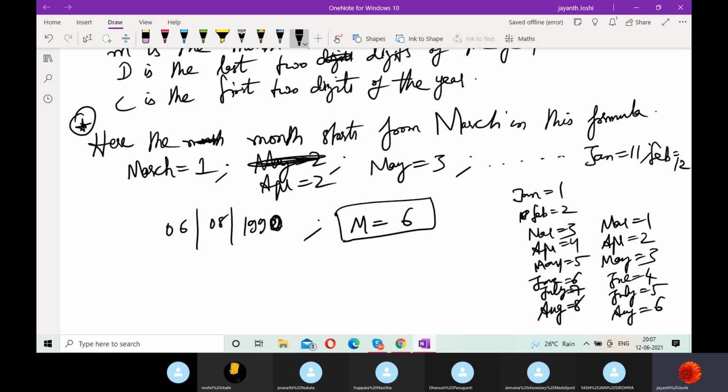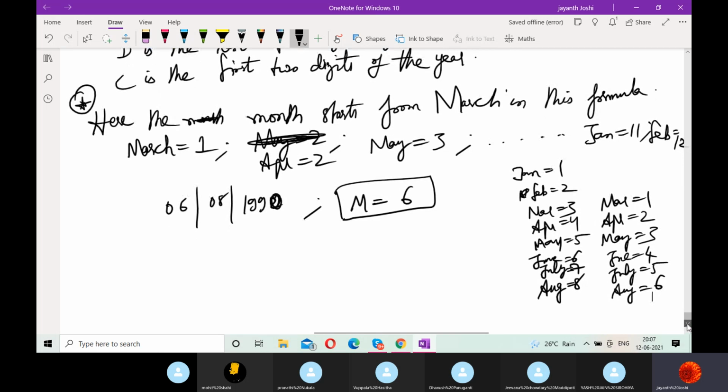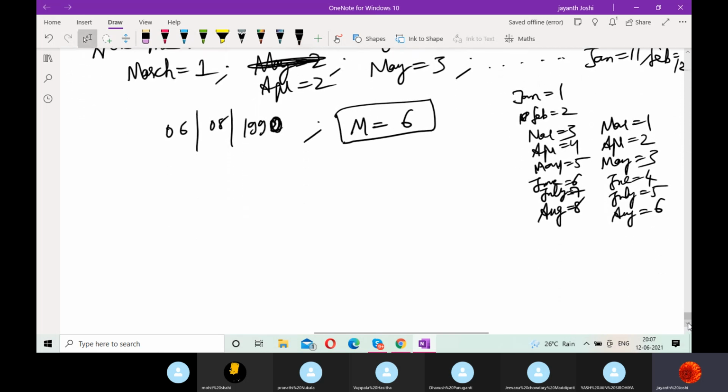Yes. So now we will solve one question with Zeller's rule. Let's go ahead. See here, M is 6 and K is the date, so K here is 06.